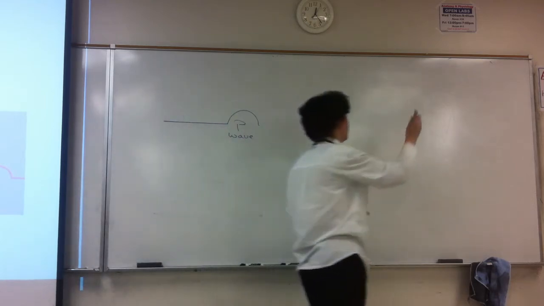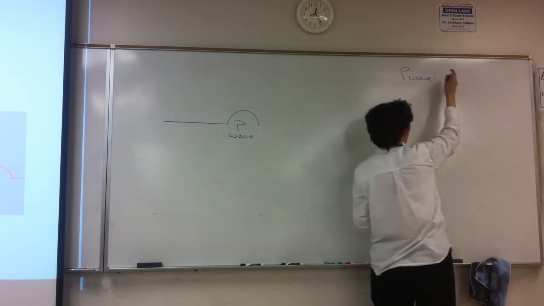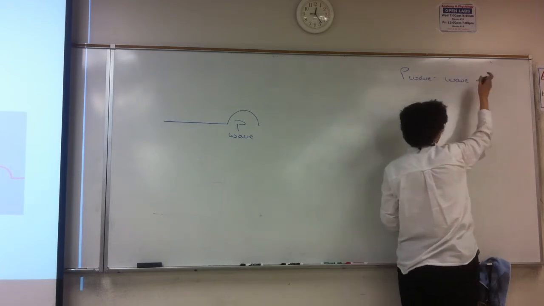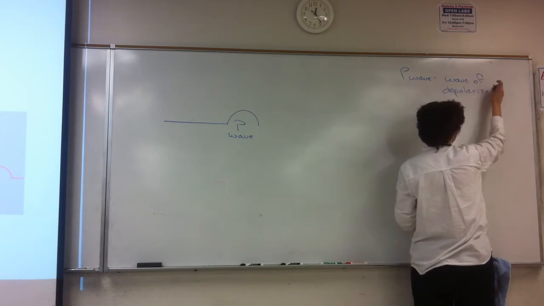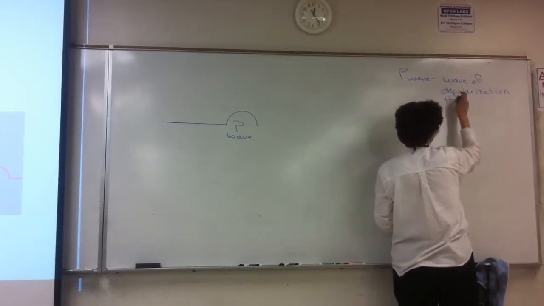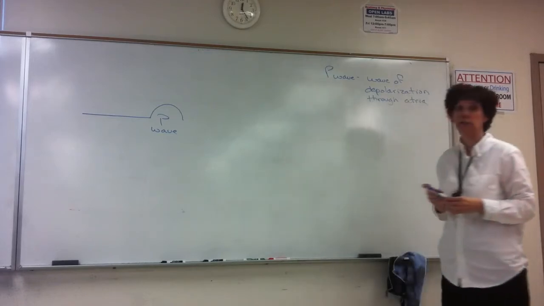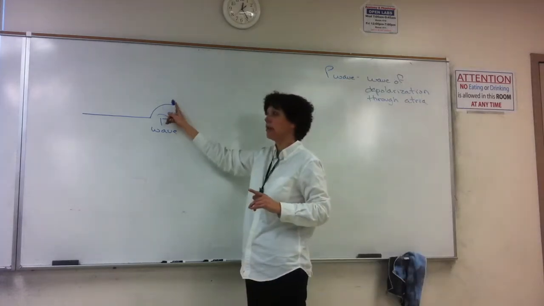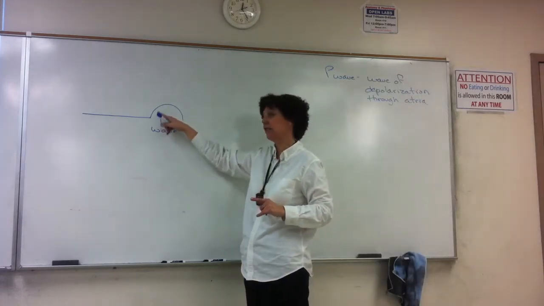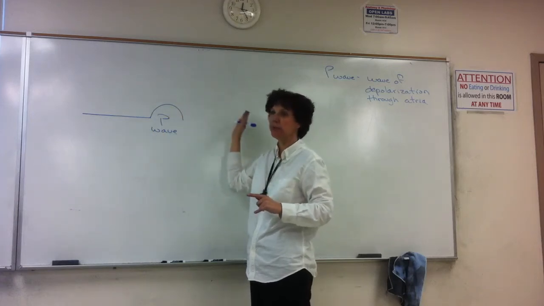So all we can say about the P wave is that it is caused by a wave of depolarization through the atria, through the contractile cells of the atria. Again, this itself is not depolarization and repolarization. This is a deflection caused at the electrode at the skin by a wave of depolarization through both atria.